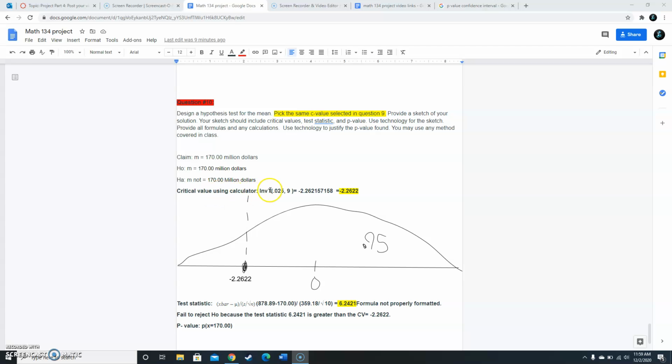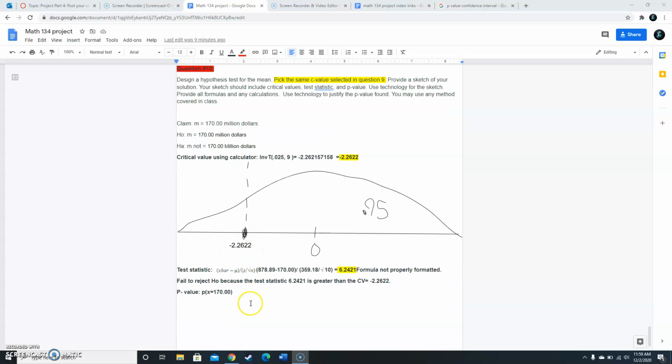So the critical value in the calculator, I got negative 2.2622, and for my test statistic, it was x bar minus the mean divided by s divided by square root of n, and I ended up getting 6.2421 for my test statistic.